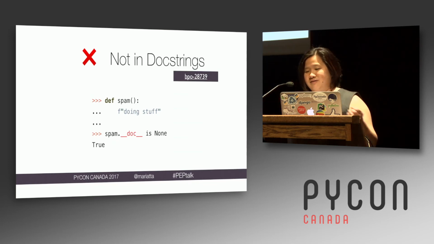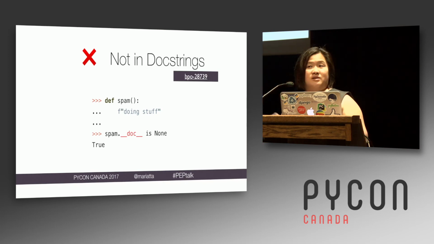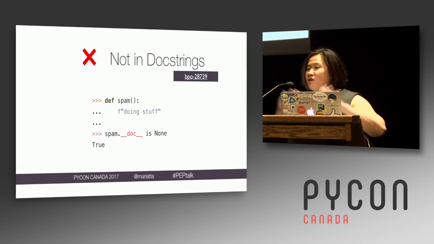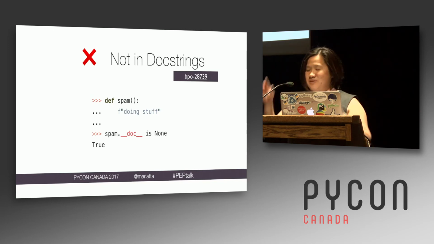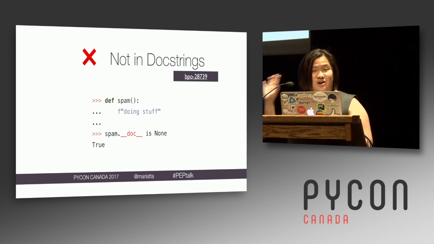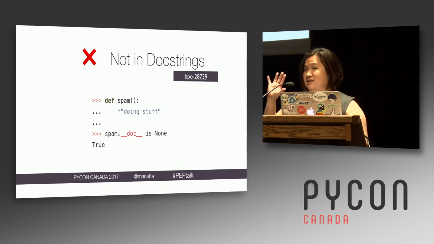Why? And we closed it at that time, and sometime later another person came. Can we use f-strings in docstrings? No. So at that time, we wrote the code to disallow it, and now it is documented. You cannot do this, even when the f-string does not contain any expressions.